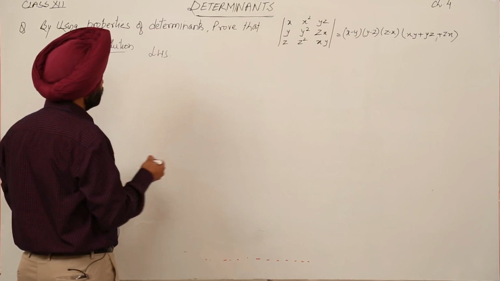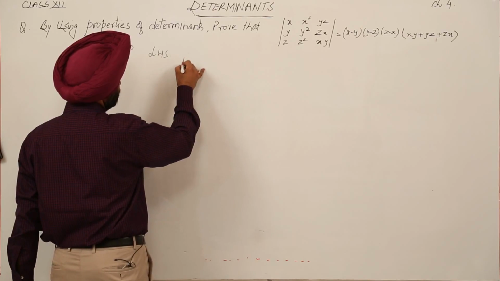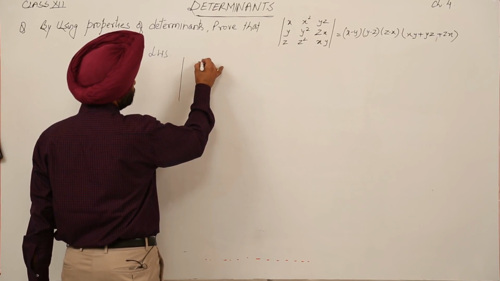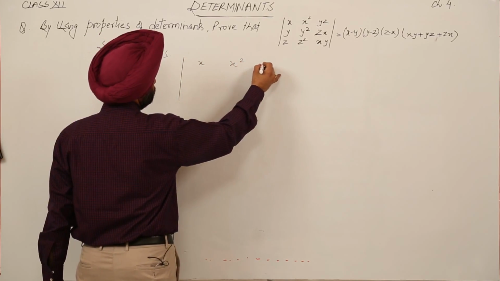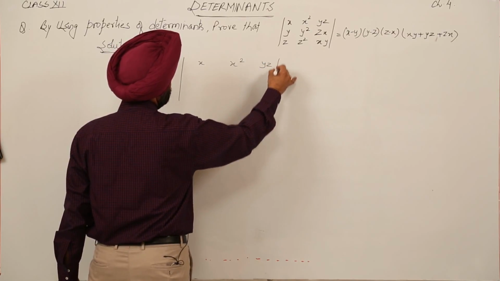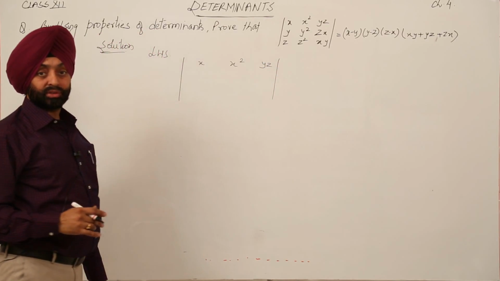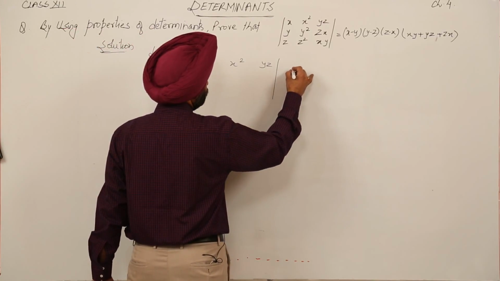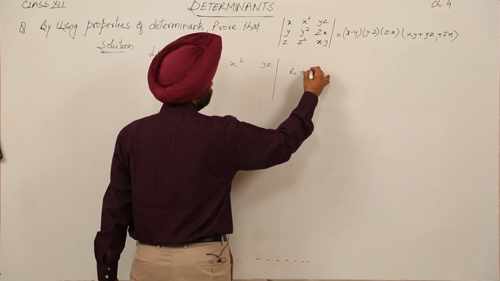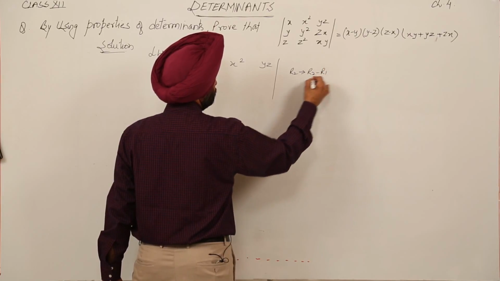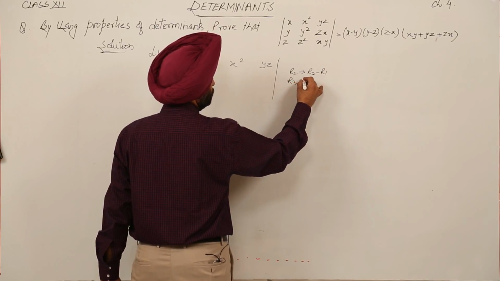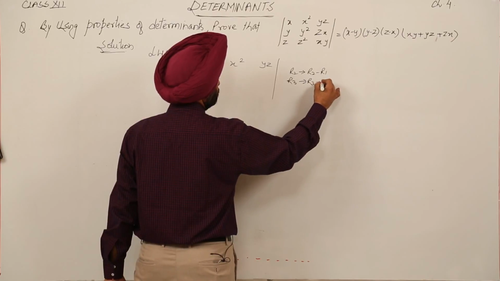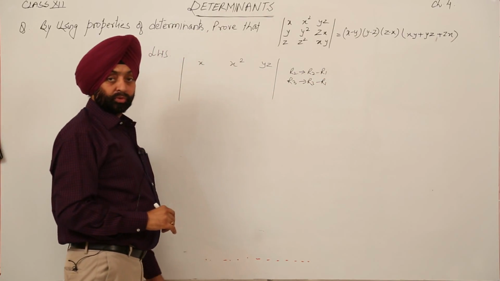Okay. So now we are having here x, x square, yz. Now what type of operations am I going to use? R2 approaches to R2 minus R1, R3 approaches to R3 minus R1. Okay, these two operations I am going to use.